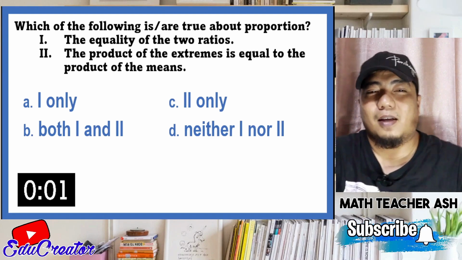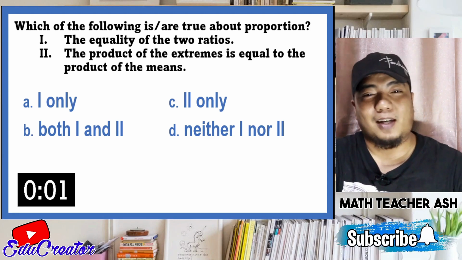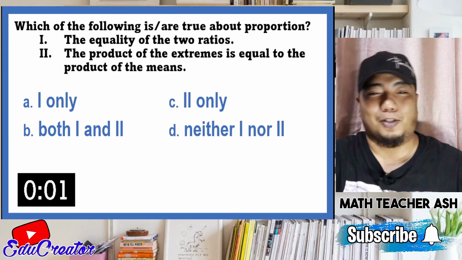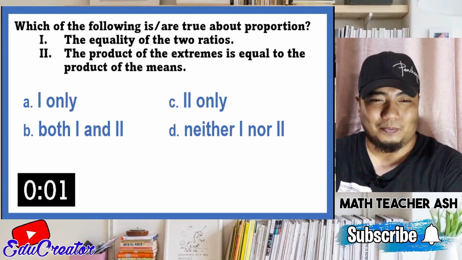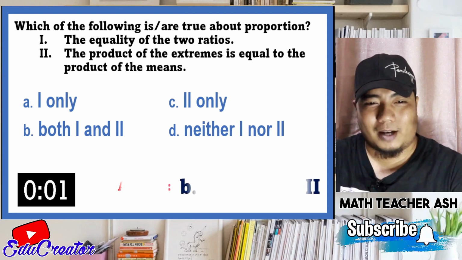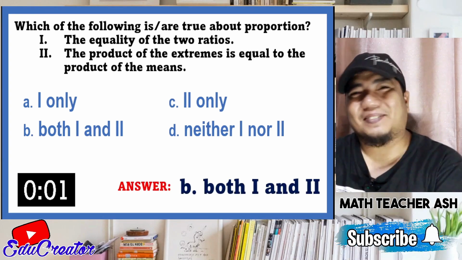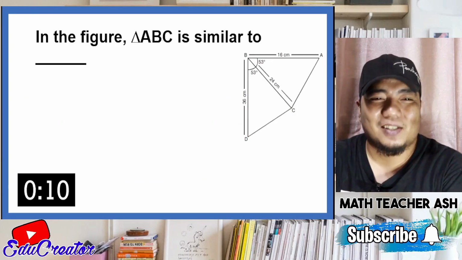So therefore, statement 2 also justifies the definition of proportion. So therefore, the correct answer here is both 1 and 2. Let's check whether we are correct. Okay, easy, right? Now let's continue.